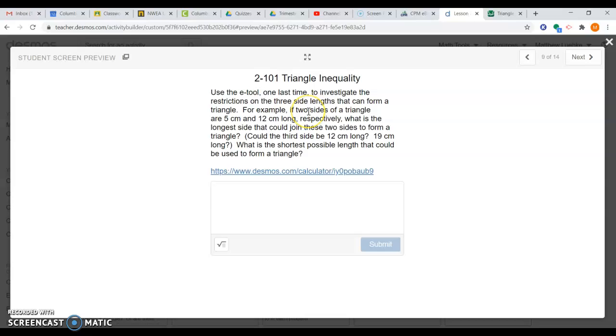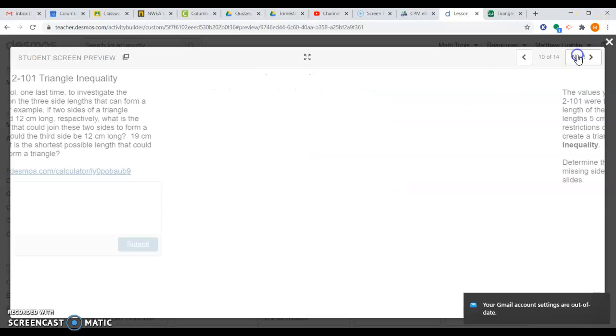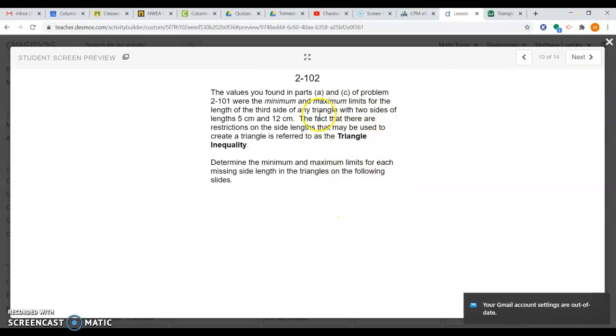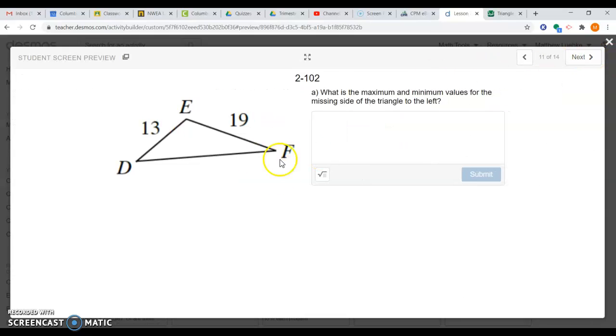Going on to the next one, we start getting into what the maximum, the longest it could be, and what the shortest it could be. And we get into that here, into this triangle inequality, talking about the maximum and minimum limits. I'm going to do this one here for you. It should connect to what you reflected about. For the maximum value, I take my 2 side lengths that I know and add them together.